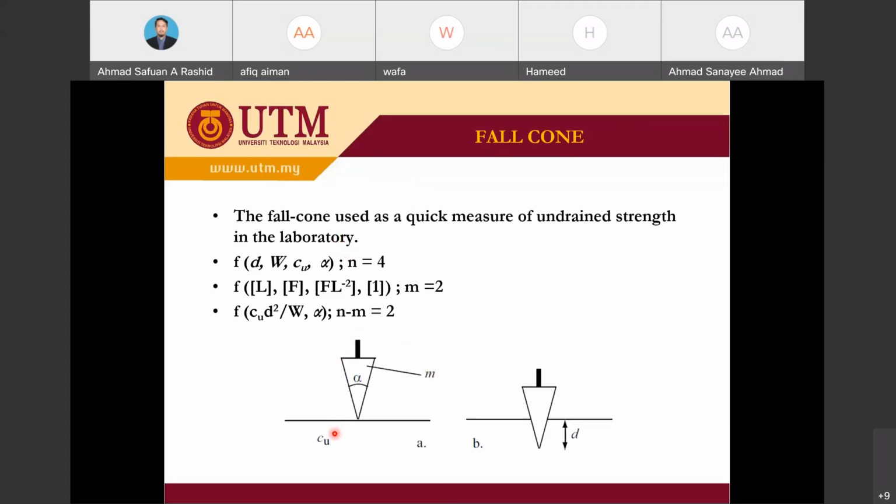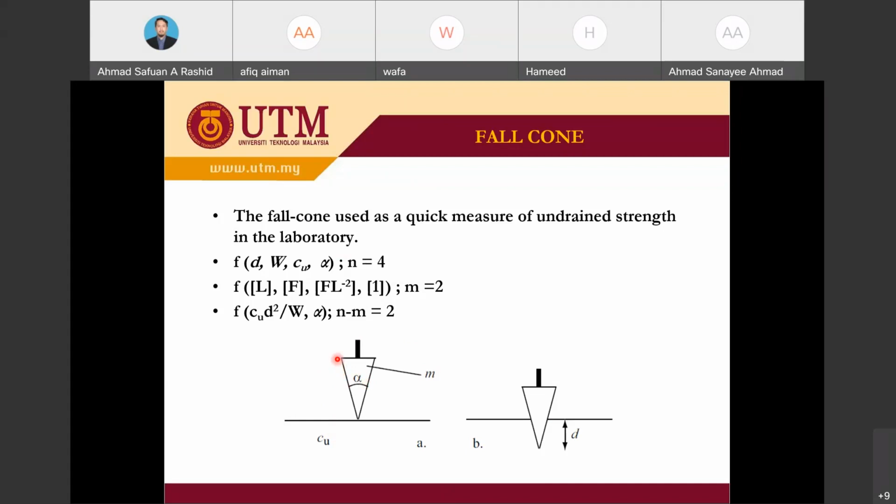The first is alpha, which is the angle of the cone. For example, when we want to determine the liquid limit, we use an alpha of 60 for the fall-cone method.